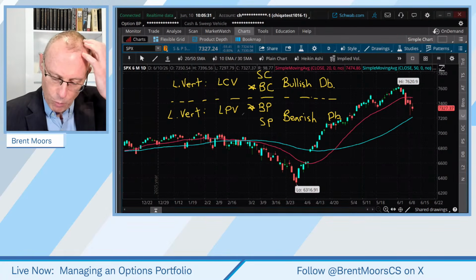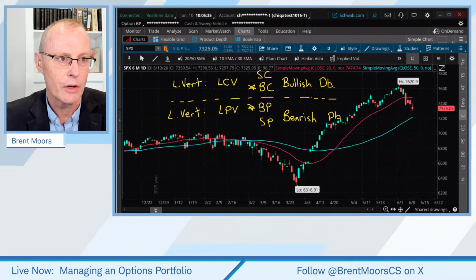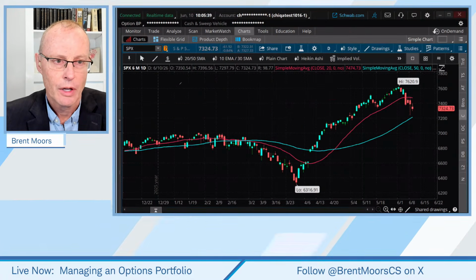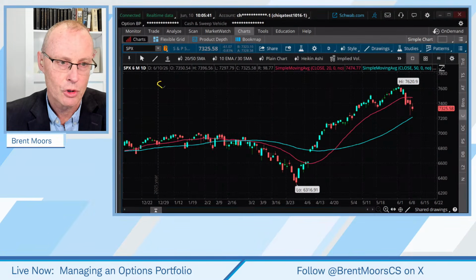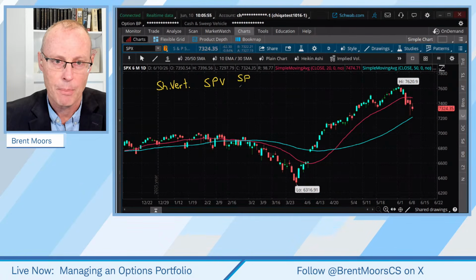But when you come up with this, you're going to have a choice. You can also do a short vertical. And if you do a short vertical, there's a couple types of short verticals. And again, in just one sec, I'm going to compare a couple. You can do a short put vertical where you're going to sell a put and you're going to buy a put at a lower strike.